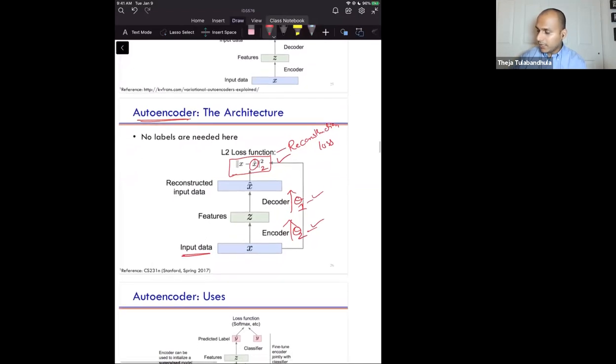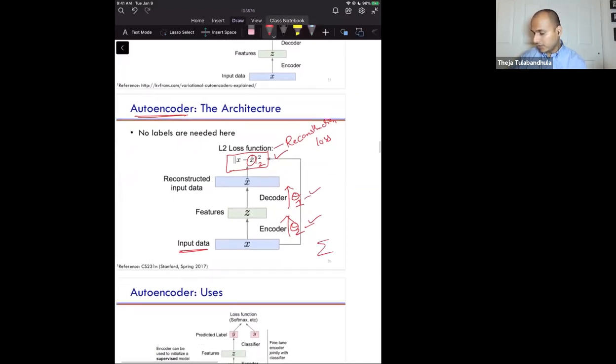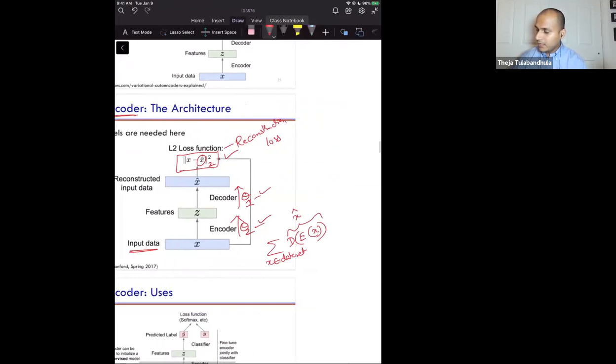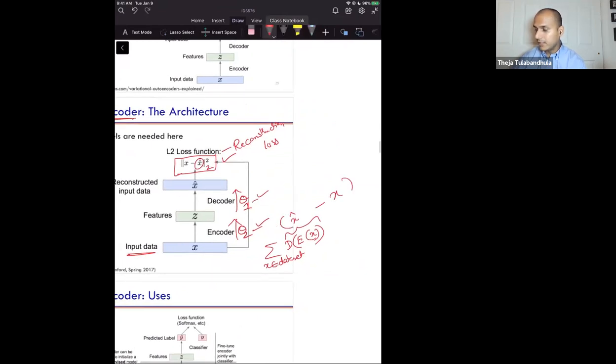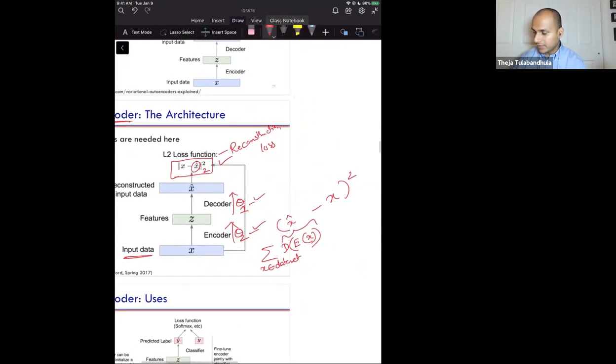And now all we have to do is sum over training data, sum over all the X's in our data set, ensure that when X gets encoded and then gets decoded, that's the X hat. This part is basically X hat, minus X, which is the actual data, the whole square in some sense, or since these are images, the 2 norm squared.